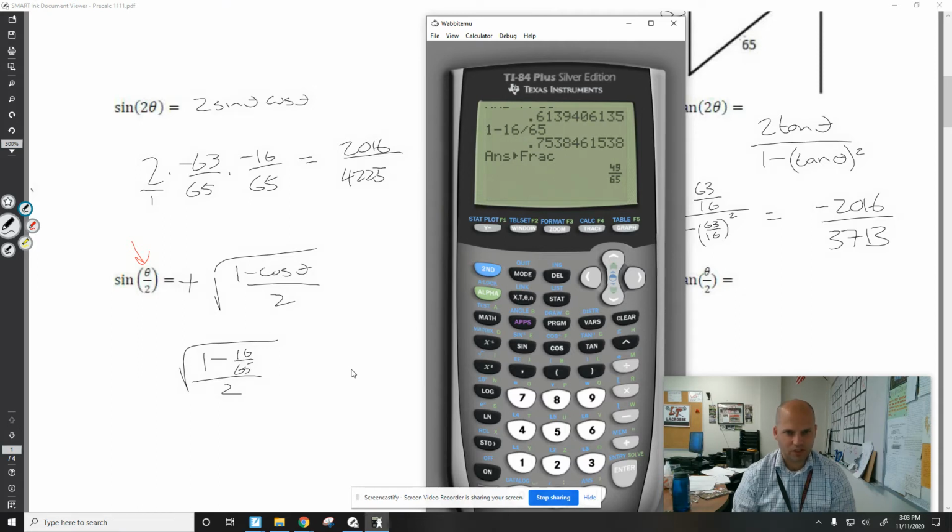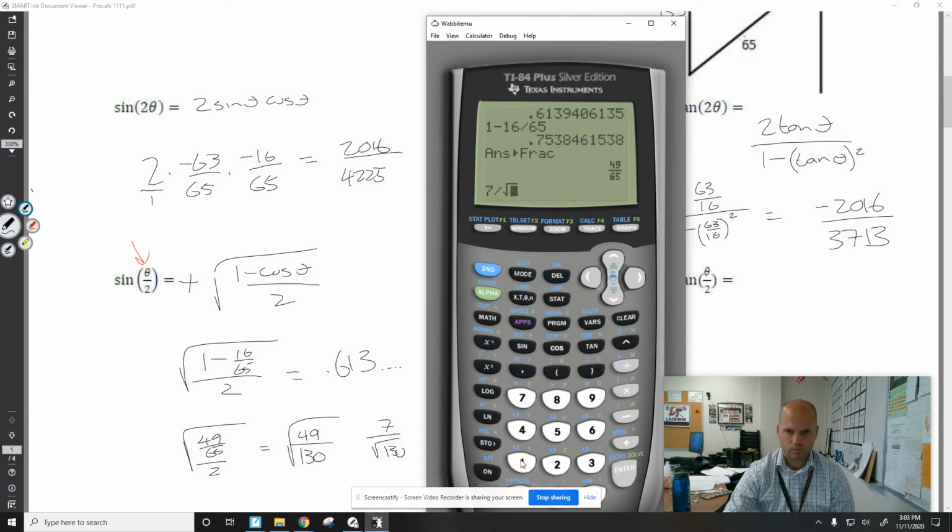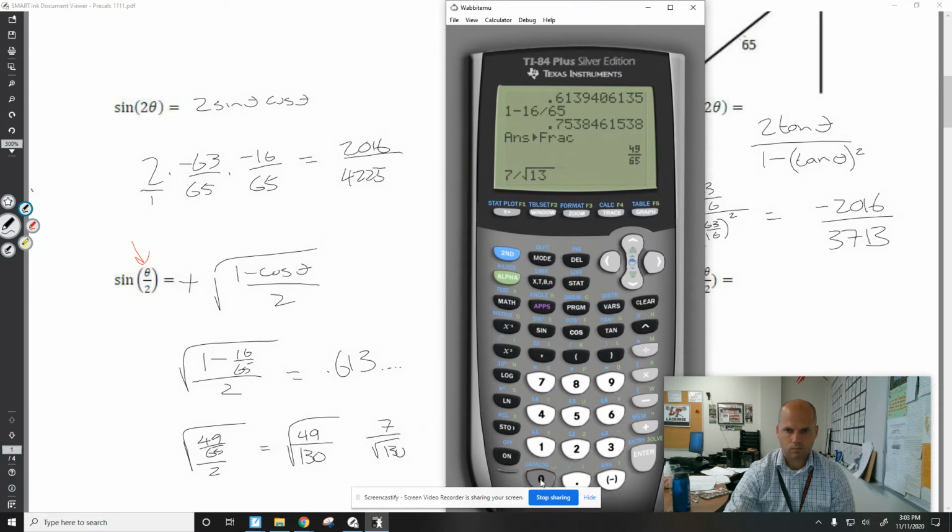You could do some stuff with this, but that's fine. You can say this is the square root of 49 65ths over 2, which is the square root of 49 over 65 times 2 is 130. And say that's like 7 over root 130. Square root of 49. Let's say 7 over root 130. Yeah, that's the answer we're looking for.